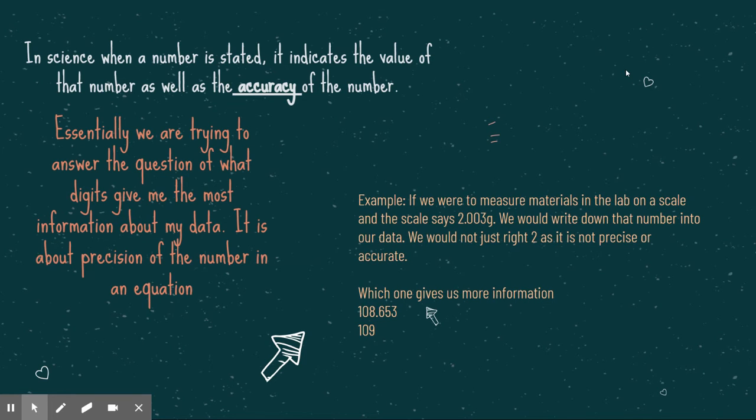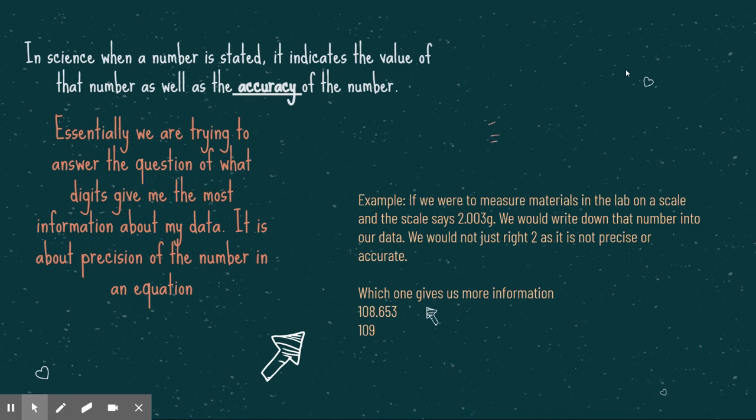So let's talk about an example here. Let's say we're measuring materials in a lab on a scale, and our scale says 2.003 grams. You would normally go over to your lab book and write down that number, 2.003. You would not just write 2 down because 2 isn't 100% precise or accurate. The scale read 2.003.